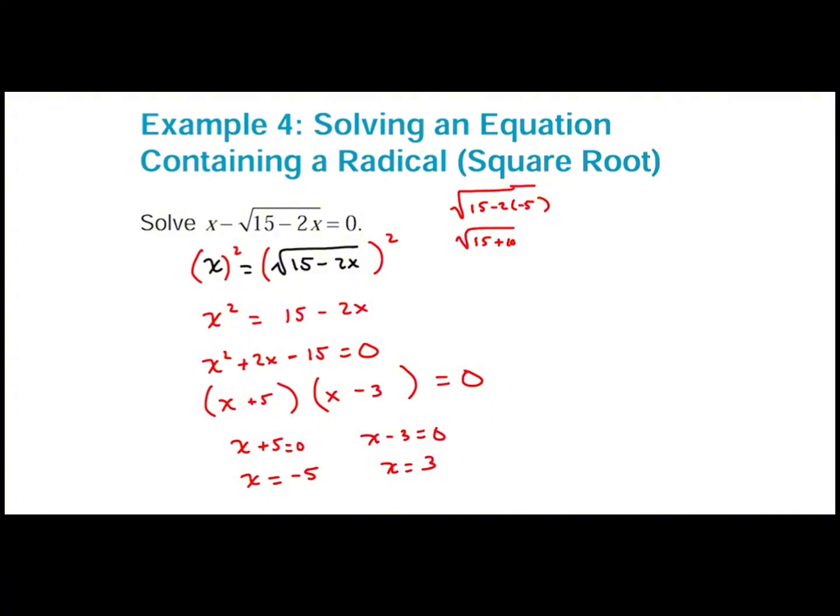So both of these check out, and you can use both of them as an answer choice.